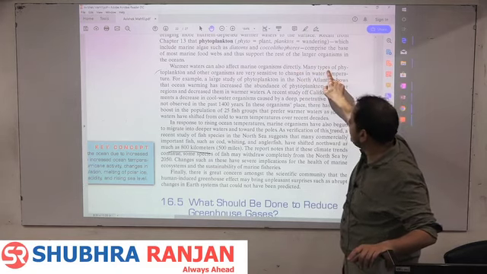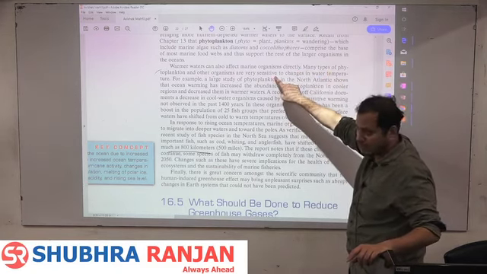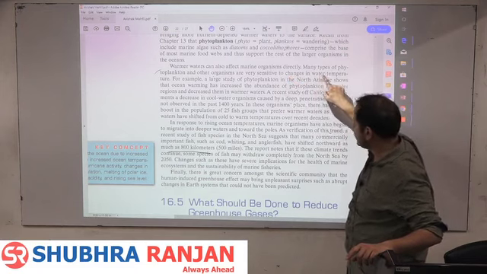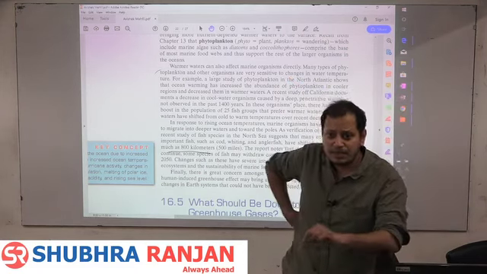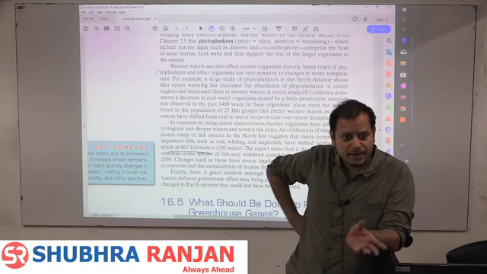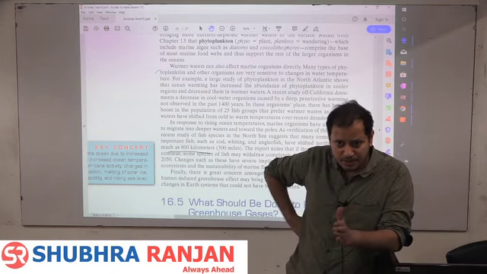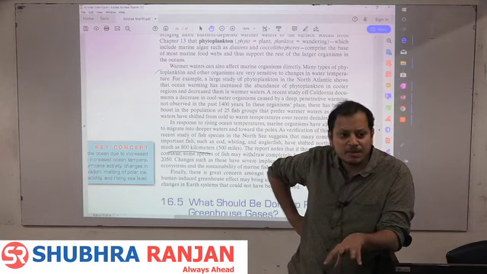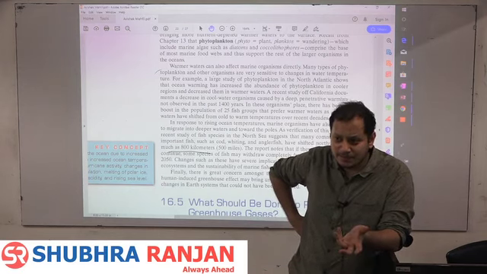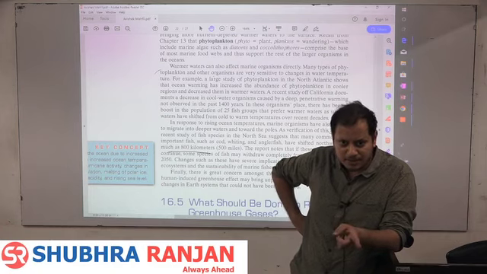Many types of phytoplanktons and other organisms are very sensitive to the changes in water temperature. See, earth living organisms are not that sensitive. We can adjust to the wide range of temperature on the earth, but marine organisms, जहाँ पे temperature कभी इतना change ही नहीं होता, they are very sensitive to the changes.